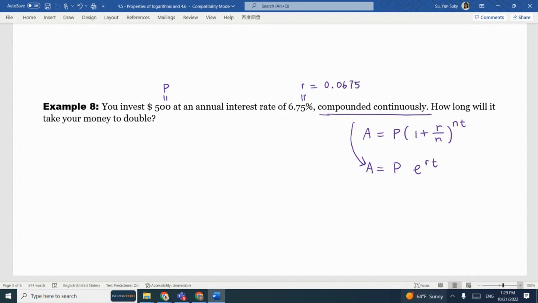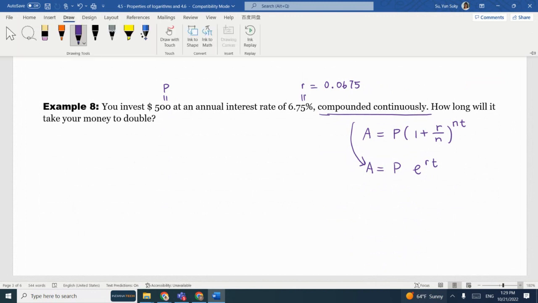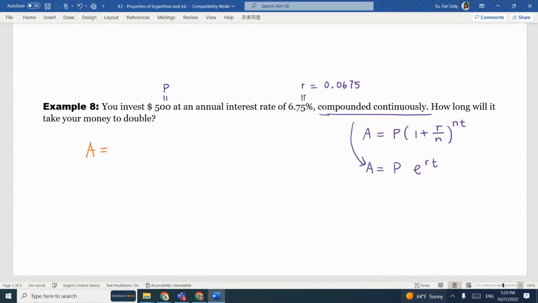Yes. Now, we know the P and r, so we can plug in. So we get A equals P, which is 500, e to the 0.0675 t. So we plug into this formula and this is what we get. Is that okay, everybody?